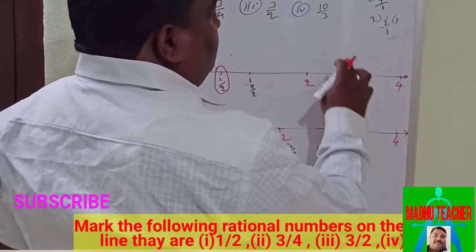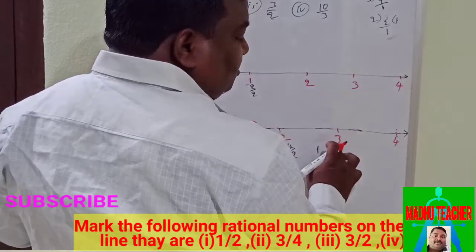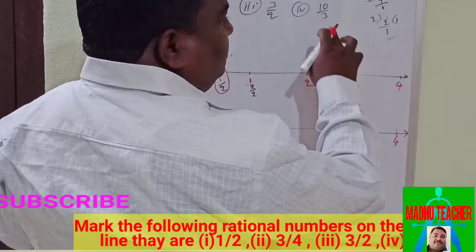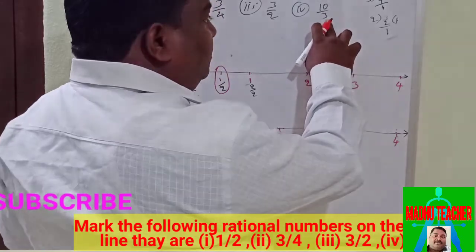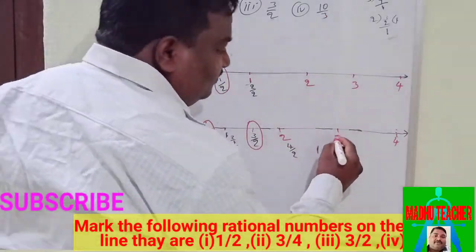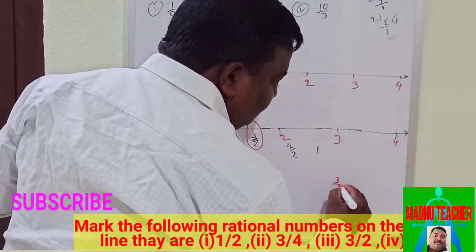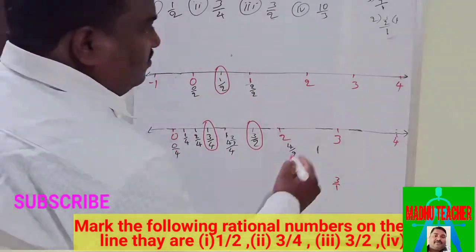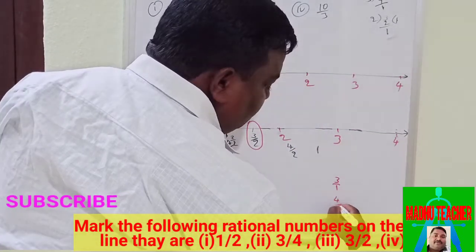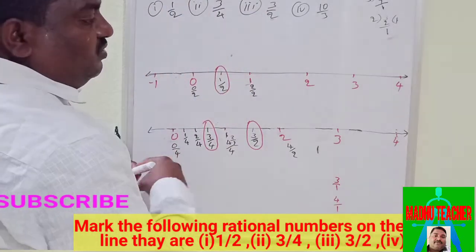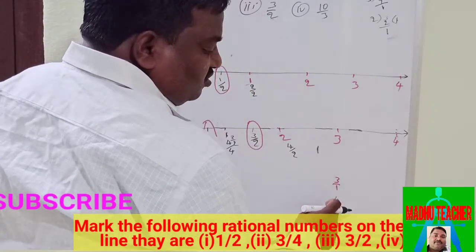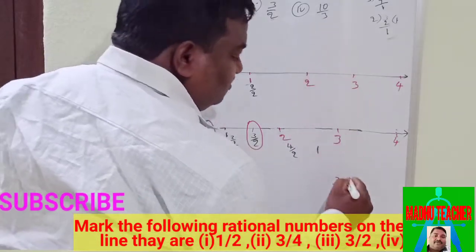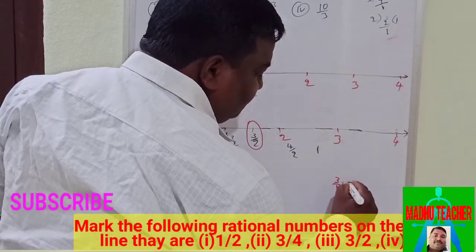Now write equivalent fractions to 3 and 4. Their denominator should be equal to 3. So 3 means 3 by 1 and 4 means 4 by 1. So equate the denominator to 3. You have to multiply with 3.